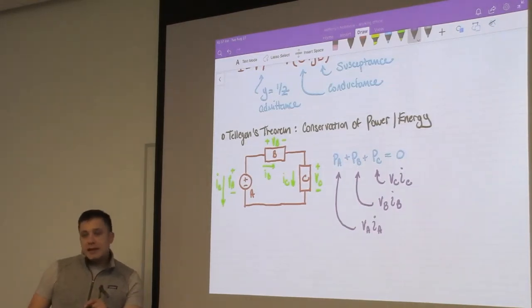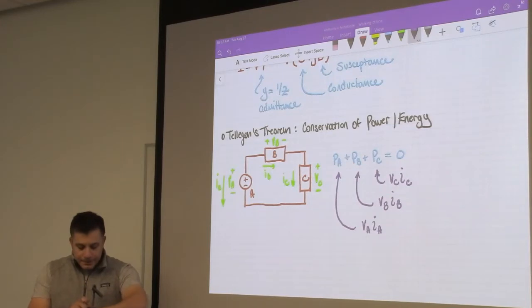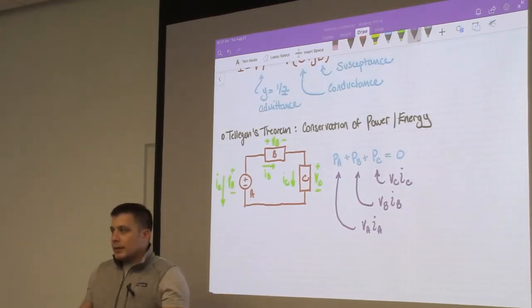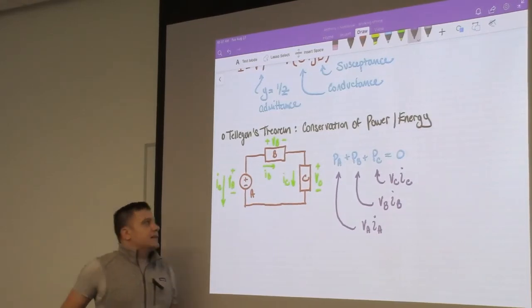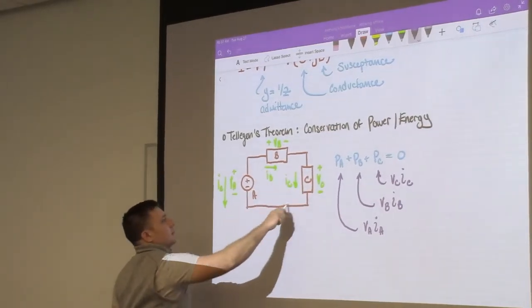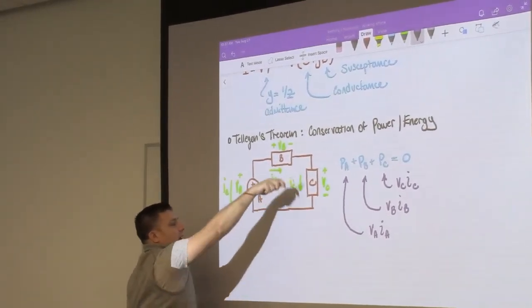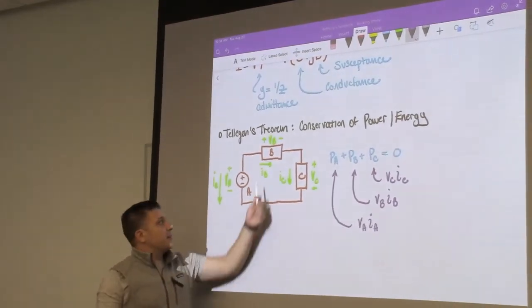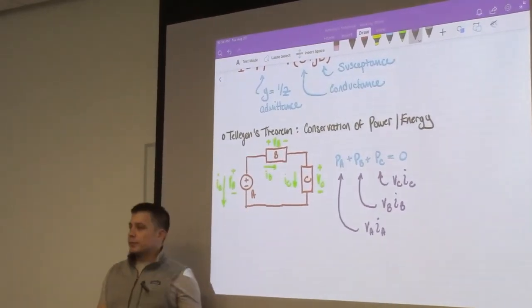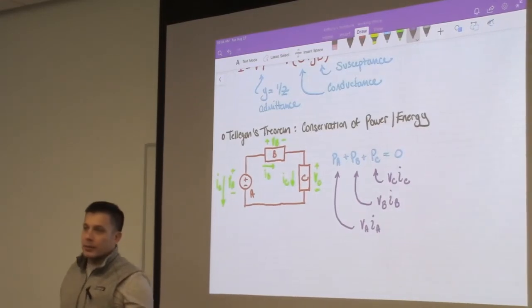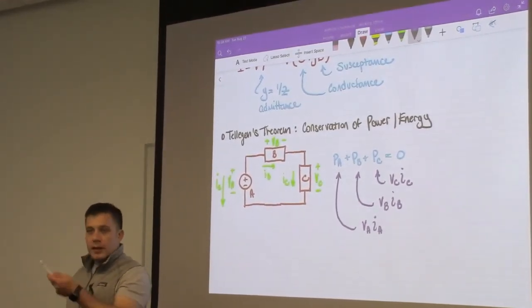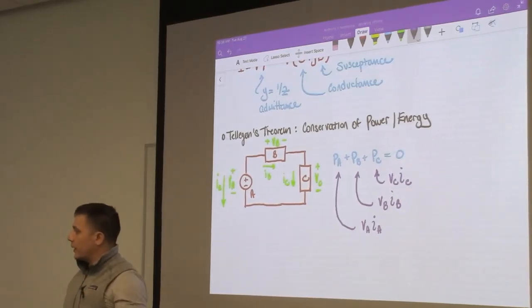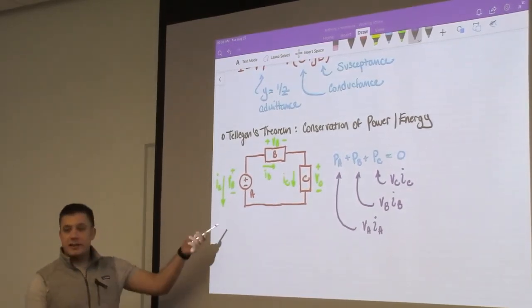Now, peeking a little bit forward, looking forward to KCL, Kirchhoff's current law, let me ask you a question. Does it make sense that the current flowing in this loop should be the same here, here, and here? Think about the water example, right? If there's no place for the water to go, then it has to keep flowing in the loop. So Kirchhoff's current law actually tells us that.